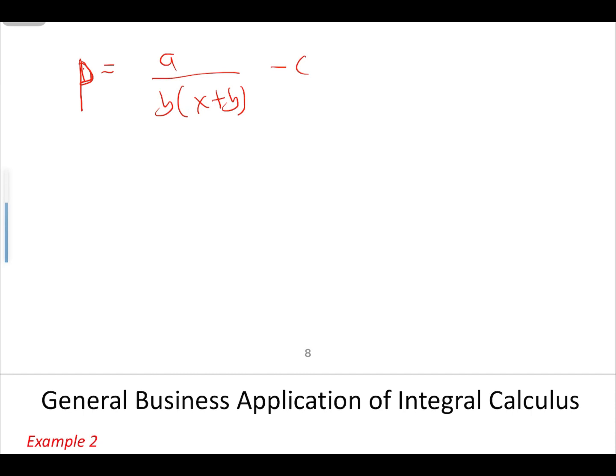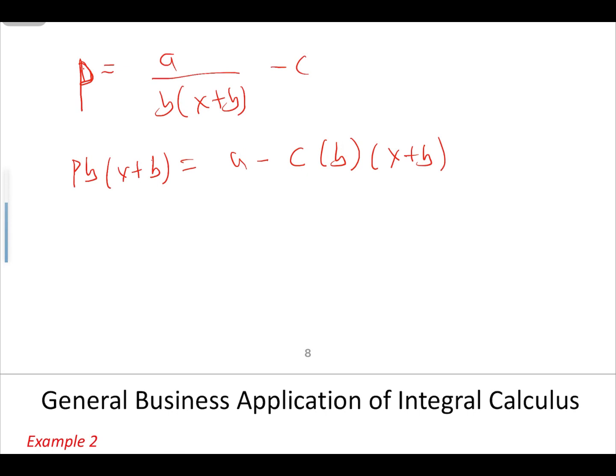So making X the subject, we're going to get PB into bracket X plus B, equal to A minus C into bracket B multiplied by X plus B as well.